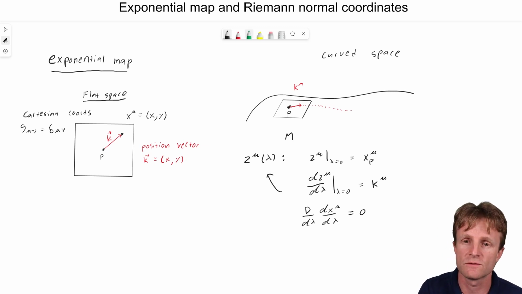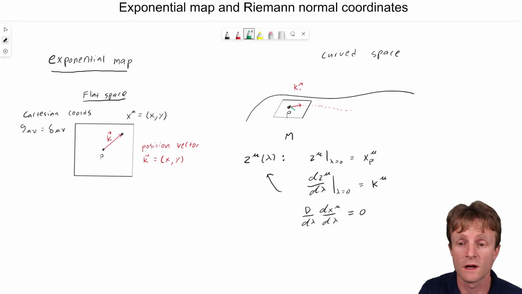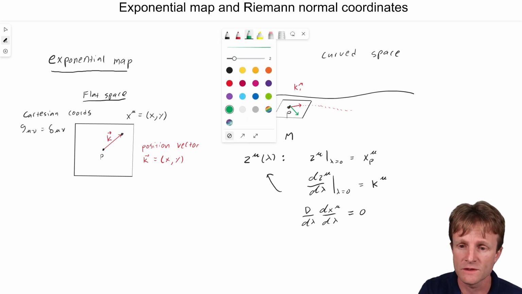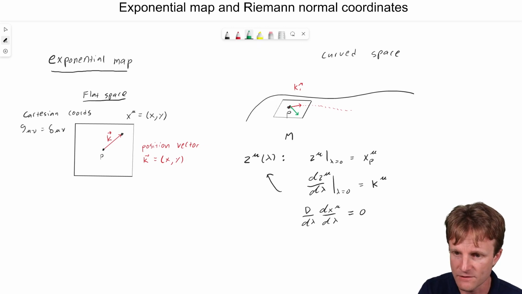So each choice of k gives rise to a curve like this. If this is k1, we could draw another vector k2, that's a different vector in the tangent space at P. And that would similarly give rise to a different geodesic curve that goes off in a different direction, another z^μ(λ) for that different choice of k^μ.